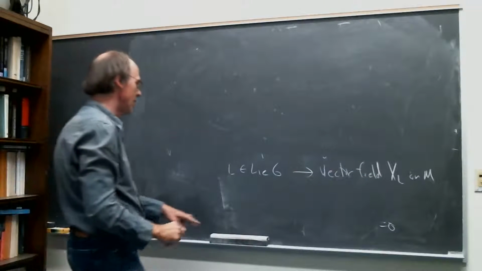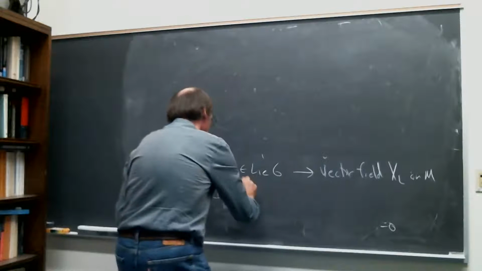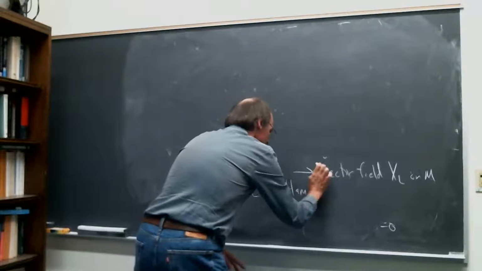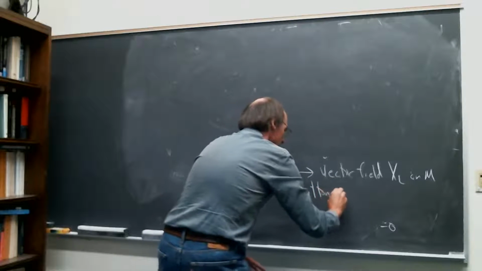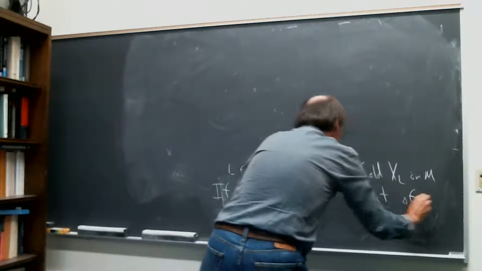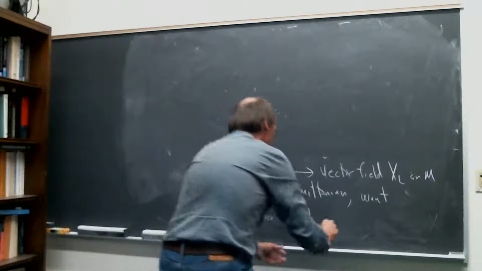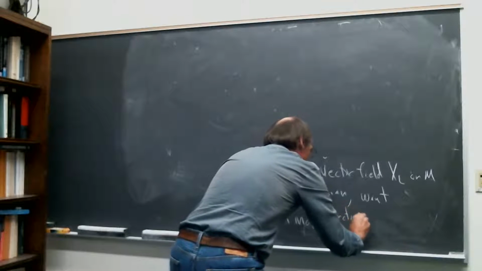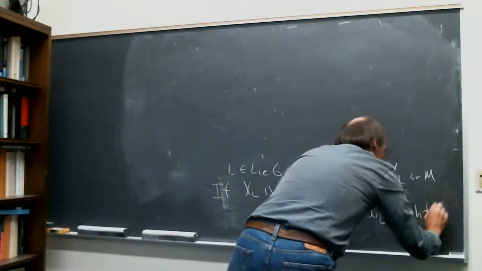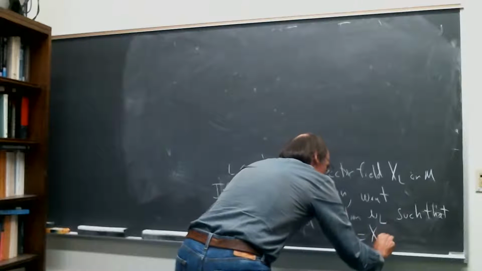But I've also got, if X_L is Hamiltonian, defined a function u_L such that X_L is equal to X_{u_L}.